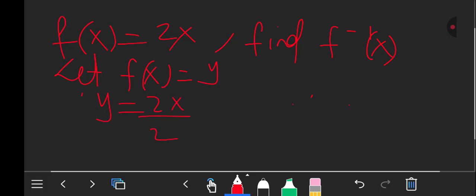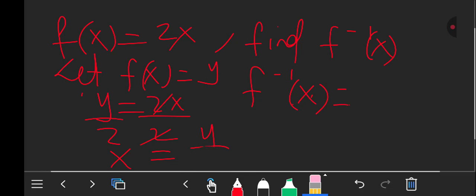I'll make x the subject by dividing by 2 on both sides. Then x will be equal to y over 2. Now to find f inverse of x, just substitute x where there is y. So it will be x over 2.